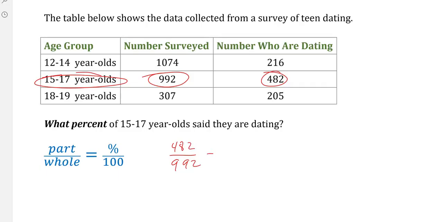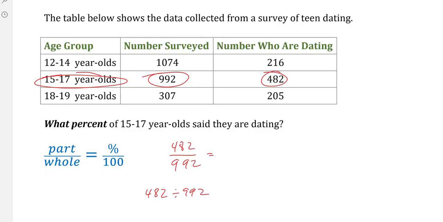Notice that it's in fraction form, and fractions are just a division problem. So this would be 482 divided by 992. I'm going to use my calculator to divide 482 by 992.